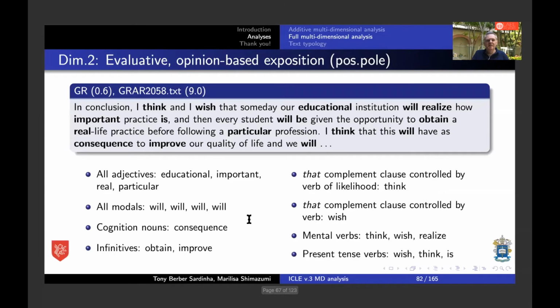Here's one example from Greece. The student is saying, I think and I wish that someday the educational institutions will change. So they're arguing the point that something needs to change, but they're giving an evaluation, an appraisal of the situation based on their own opinion, all right?